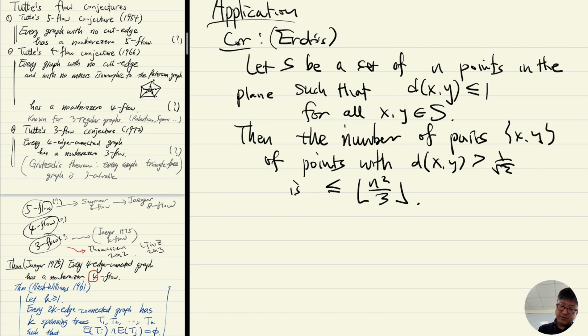And moreover, this is tight. So if you have n points, any 2 points have distance at most 1, then you cannot find too many pairs of distance bigger than 1 over square root 2.